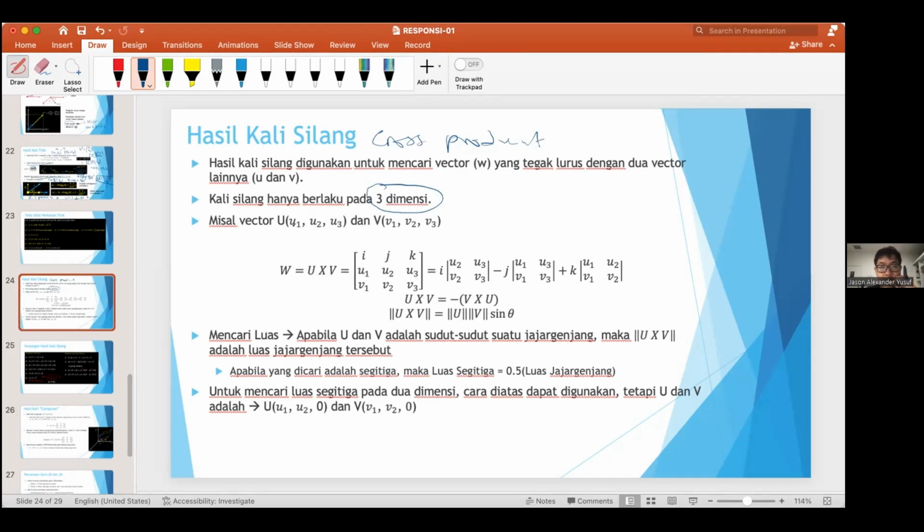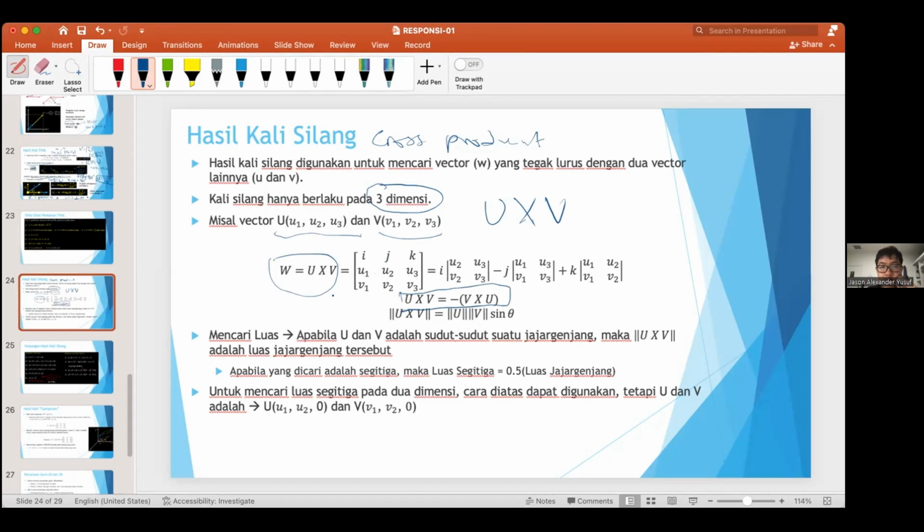Let's say we have these two vectors, u and v. In order to find the cross product u times v, we put u and v in this order. And bear in mind, guys, the order is important because of this property.